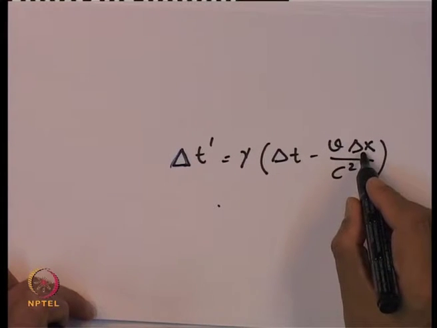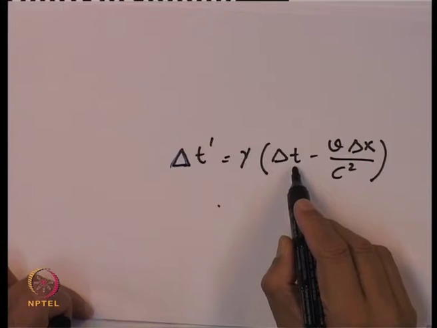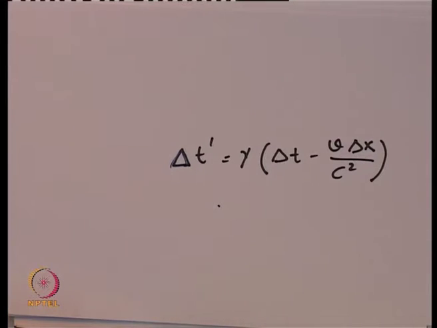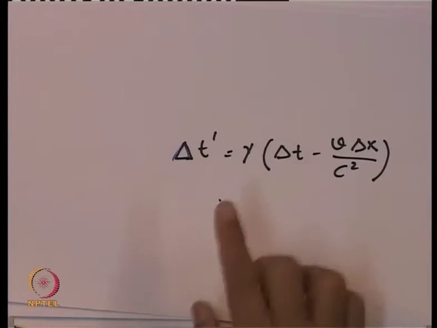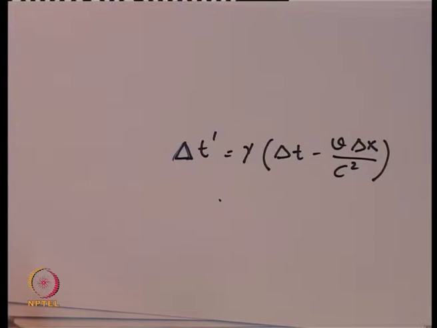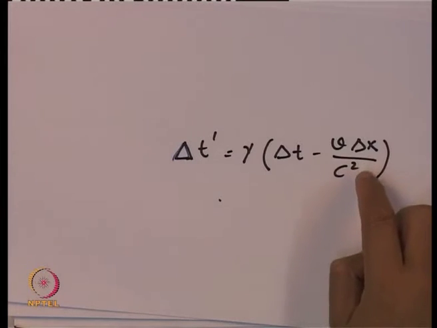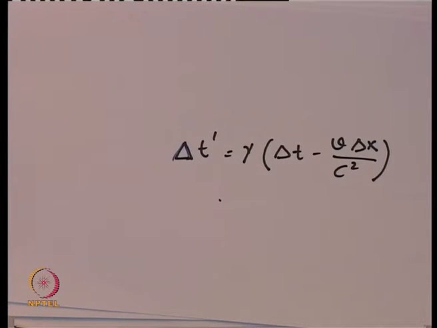So, if delta x is 0, delta t prime will turn out to be equal to gamma delta t. So, even though their y's may be different, even though their z's may be different, but this apparent time dilation formula will work here, because delta x for these two events turn out to be same.